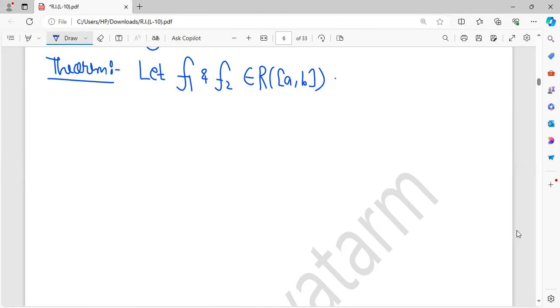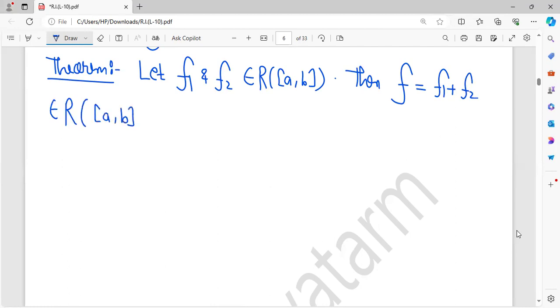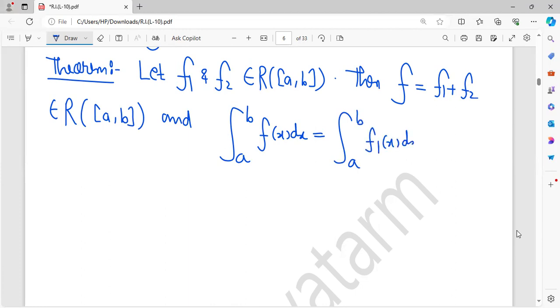Then f equal to f1 plus f2 also belongs to R[a,b], and the Riemann integral of f is equal to the sum of the Riemann integrals of f1(x) and f2(x). Okay, let's prove it.